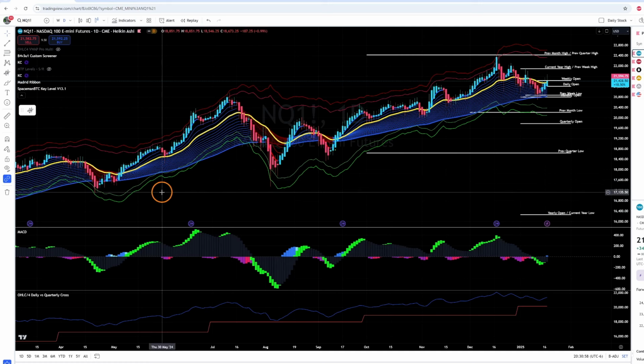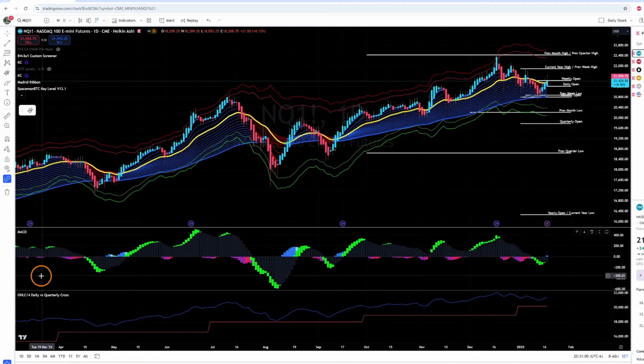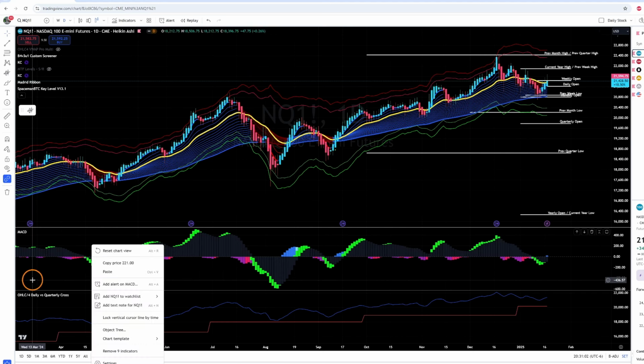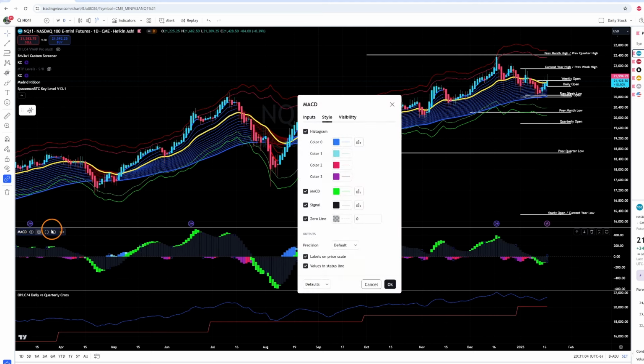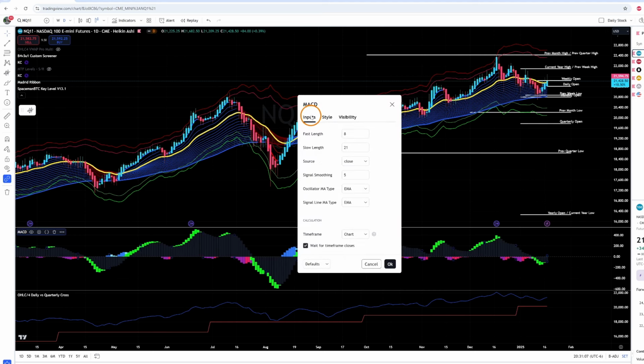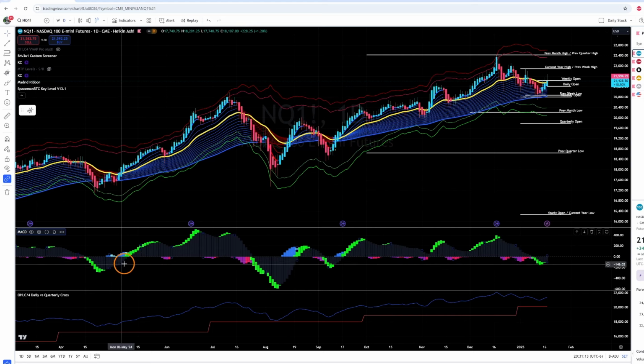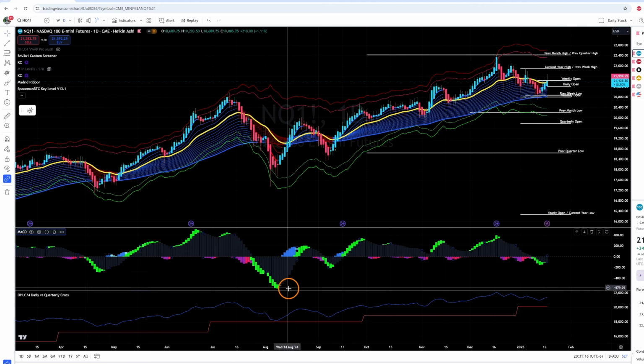So next we have the MACD indicator, which let me show you the settings I have for that. They're pretty standard. I think I made some change. Yeah, 8, 21, and 5, and these are all for EMAs. And basically, you can do this one of two ways.